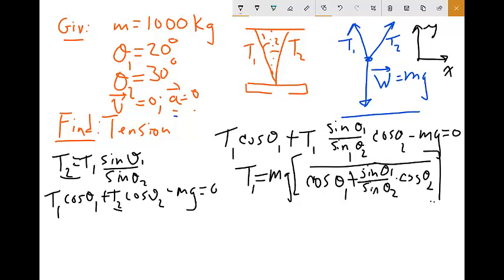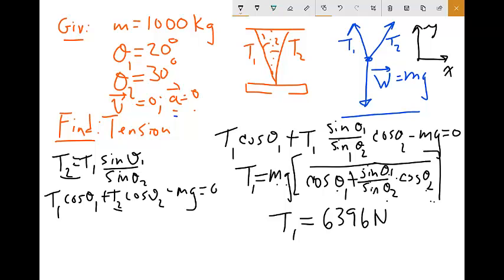Okay, and if I plug in numbers, what I will get here is that T1 is equal to 6,396 newtons. None of the thetas have any dimensions, right? The only dimensions are m times g, so that'll give me kilogram meters per second squared, which is newtons.